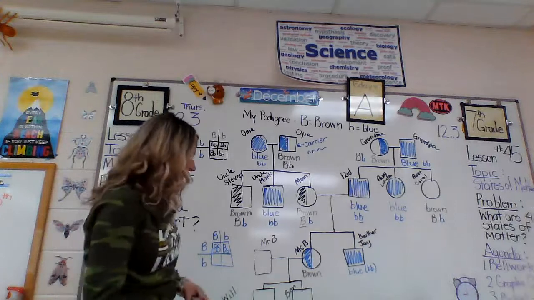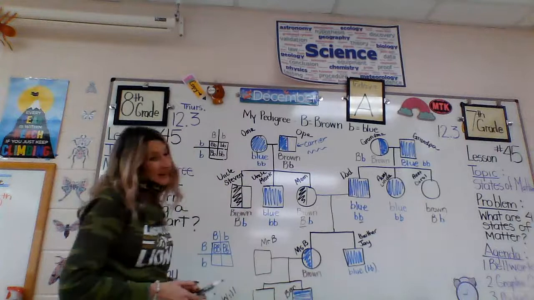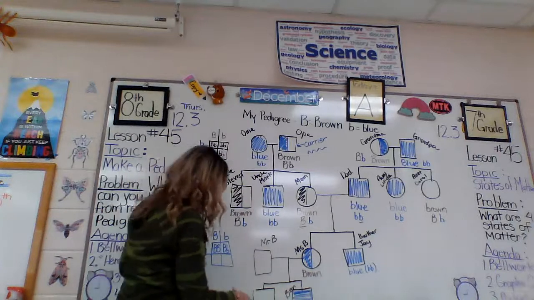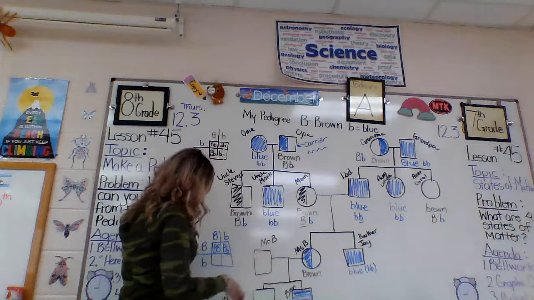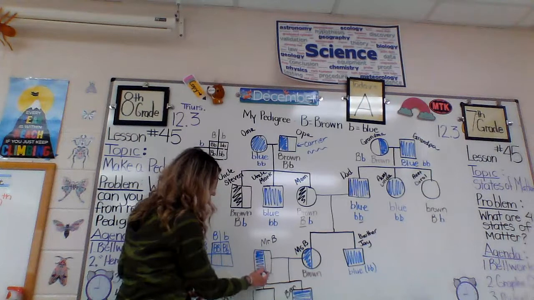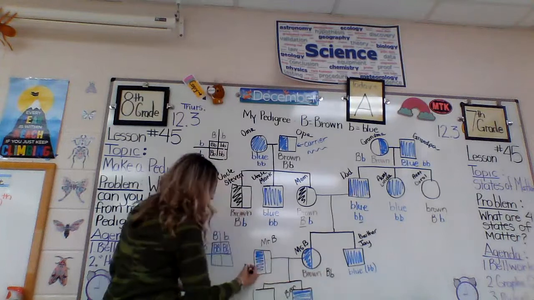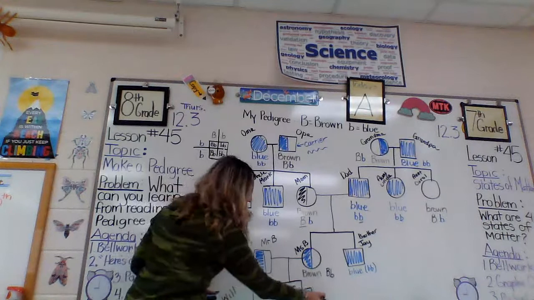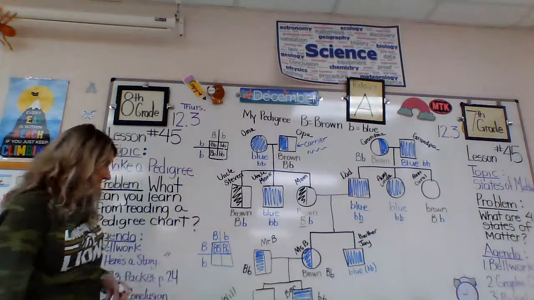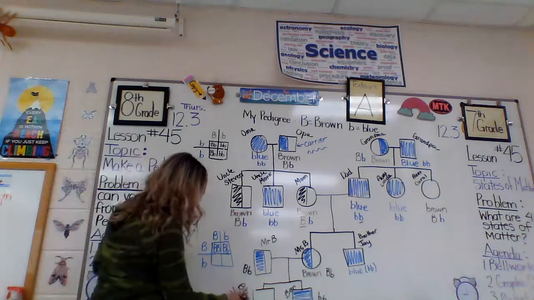But when Benjamin came out with bright blue eyes, so I can color him all the way in, I realized that, and William, by the way, has brown eyes, that Mr. B here is definitely a carrier, because he had to give one of each gene from each parent, which means that I'm Big B, little b, Big B, little b, little b, and as far as I know, William could be Big B, little b, or Big B, Big B.